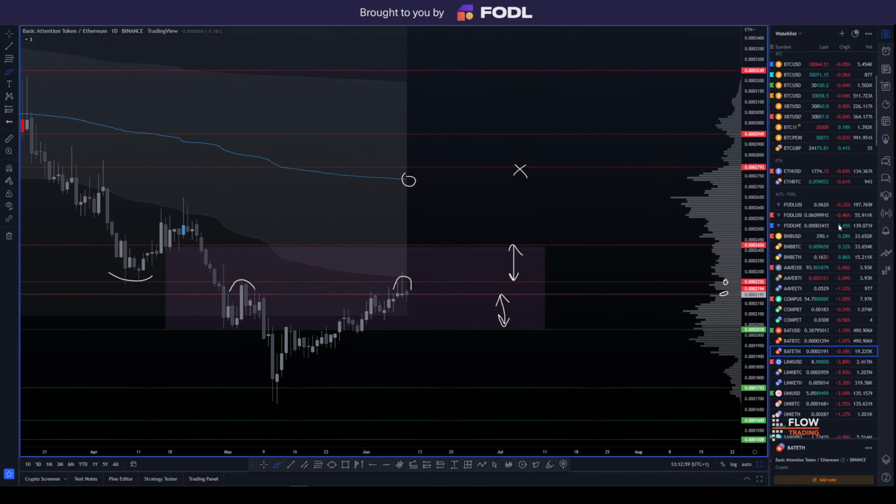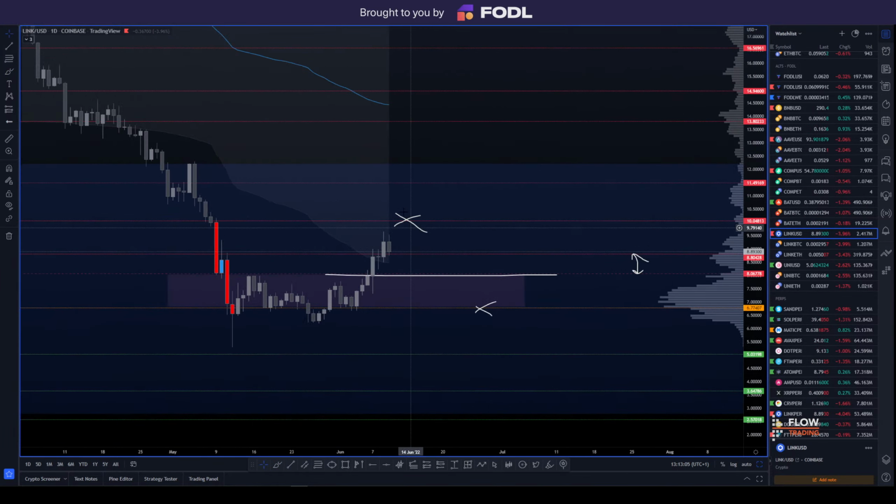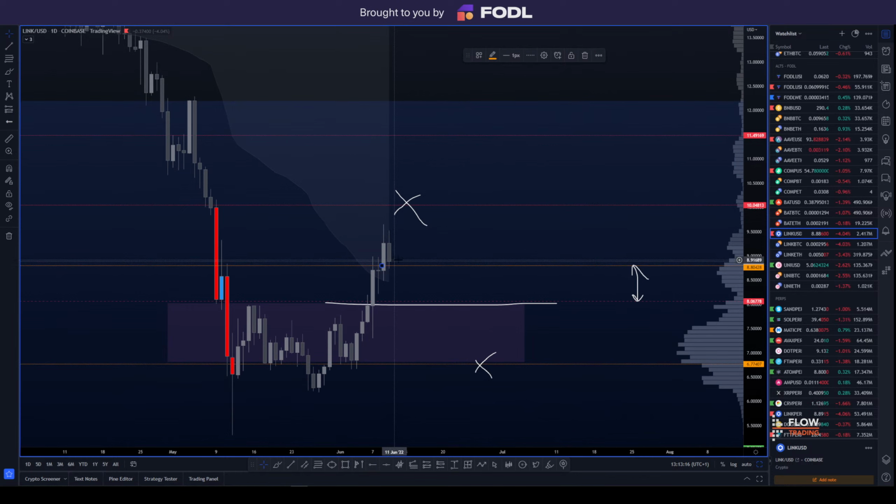Moving on to Link USD on Coinbase. So potentially this here could now be a level of support, so I'm going to put that as orange. Okay, we broke above it and we're now on our way down to confirm it. Could be support, right? Let me just delete this line here.